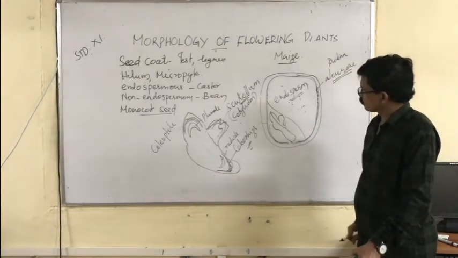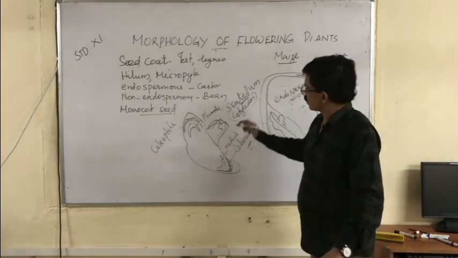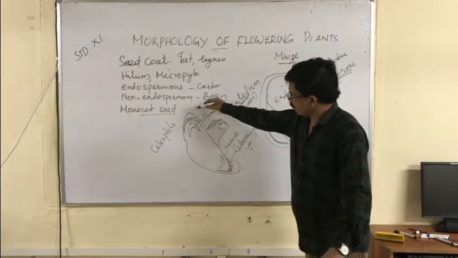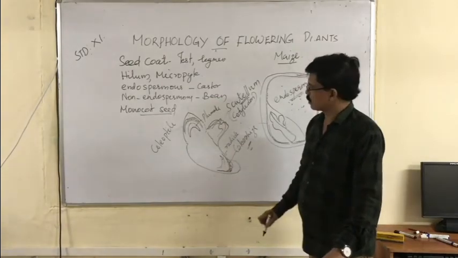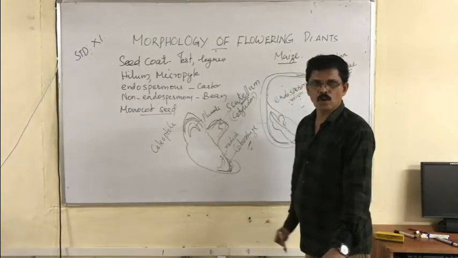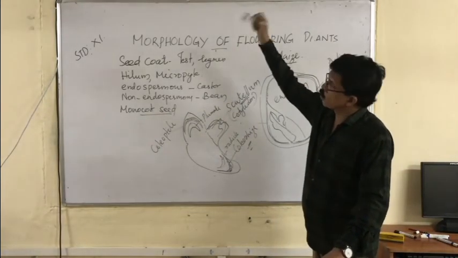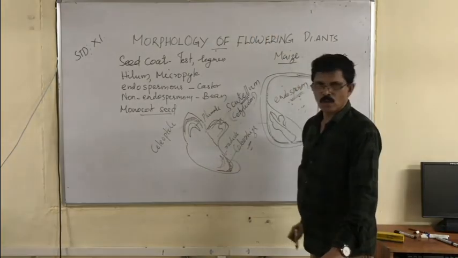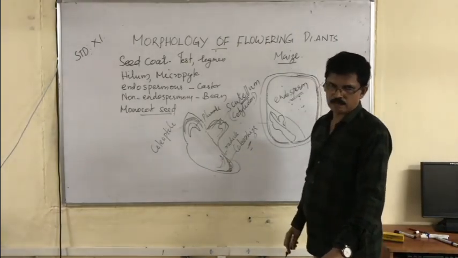This embryo has mainly three parts: a single cotyledon called the scutellum, and an embryonal axis. The embryonal axis has two parts. The upper plumule is covered by a sheath called the coleoptile, and the plumule becomes the shoot. The radicle is the root, covered by a sheath called coleorhiza.